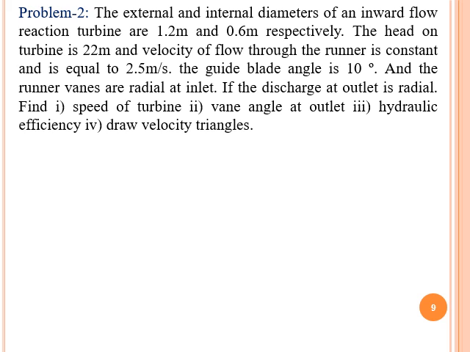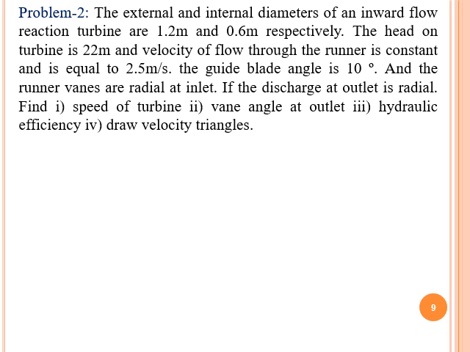Guide blade angle is 10 degree and the runner vanes are radial at inlet. If the discharge at outlet is radial, find the speed of the turbine, vane angle at outlet, hydraulic efficiency and also draw the velocity triangles.